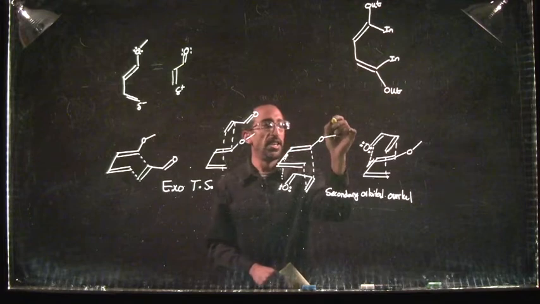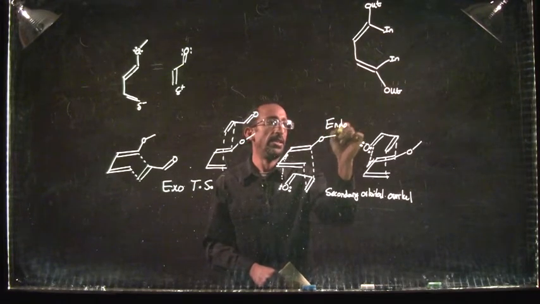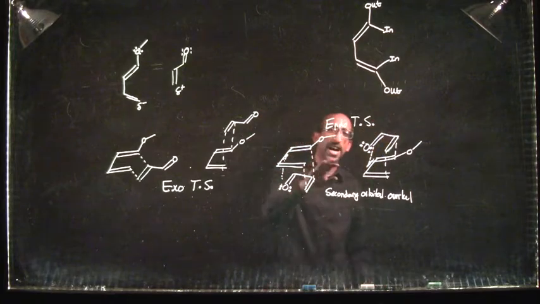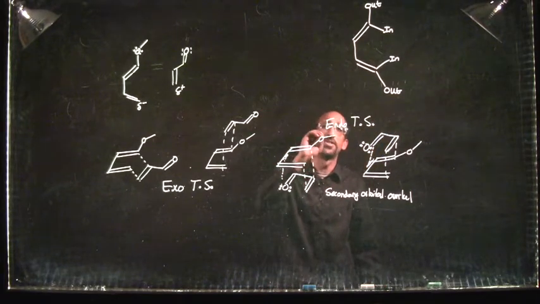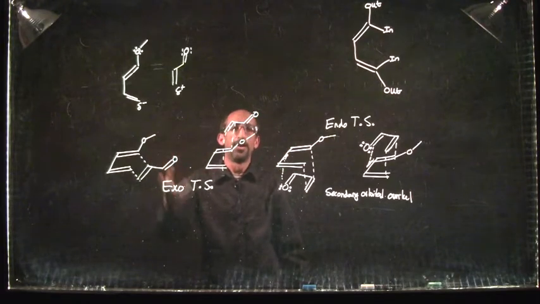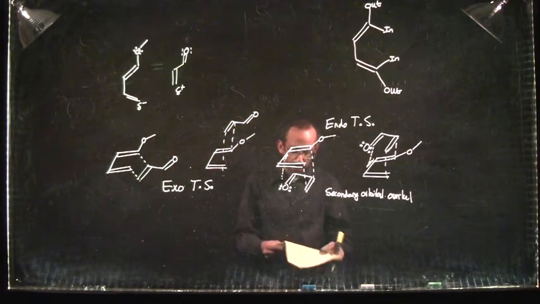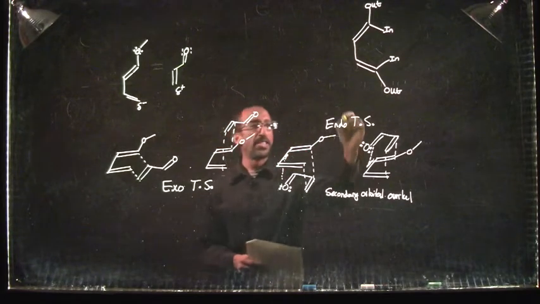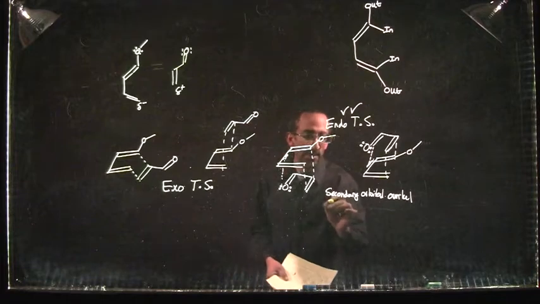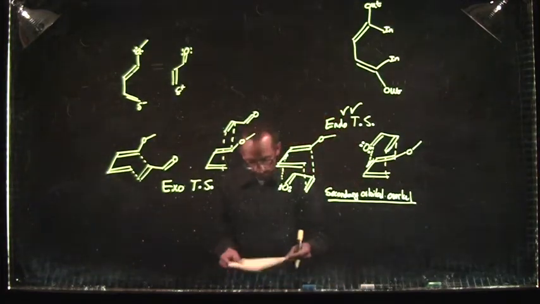We call these endo transition states. And the products that are derived from an endo transition state are known as endo products. The products derived from an exo transition state are known as exo products, right? The endo transition state is the favored transition state because it involves secondary orbital overlap.